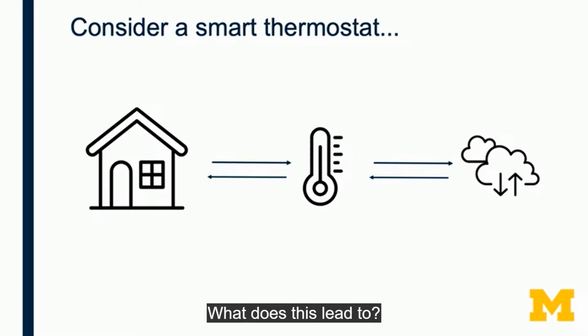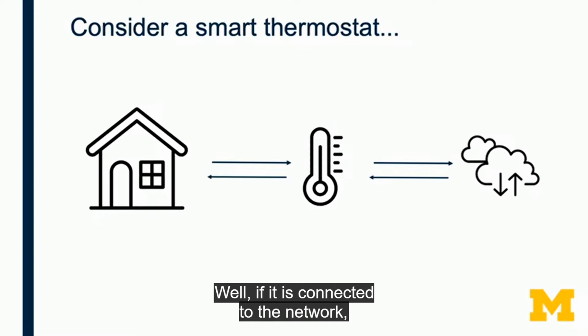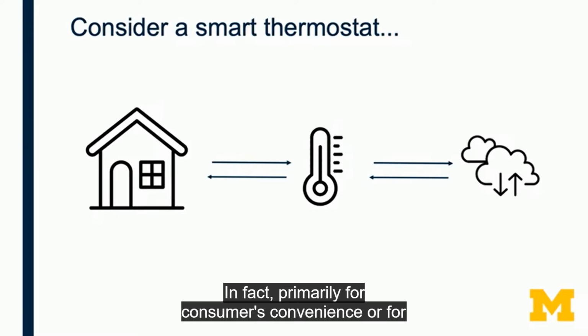Well, if it is connected to the network, then the thermostat can now send data, store data in that central location in the network, and also access data from there. That has enormous implications for the various ways we can put this into use, primarily for consumers' convenience or for business value in the context of companies.